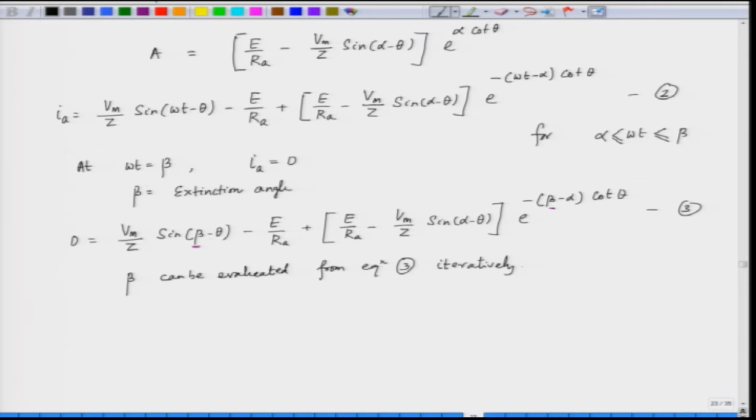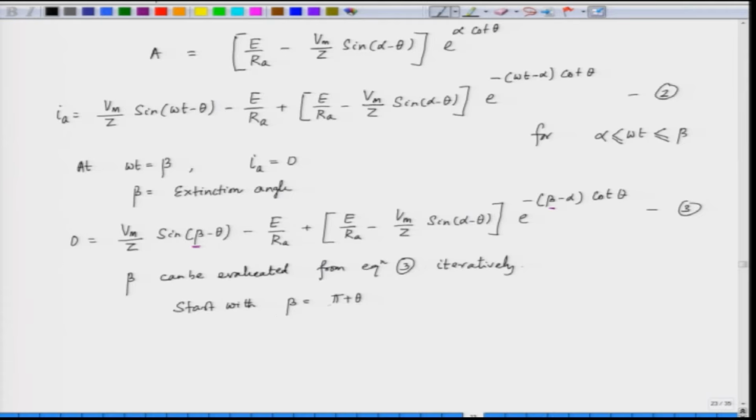So, for example, we can start with beta is equal to pi plus theta. This is a good initial value, theta is the power factor angle that we already discussed.